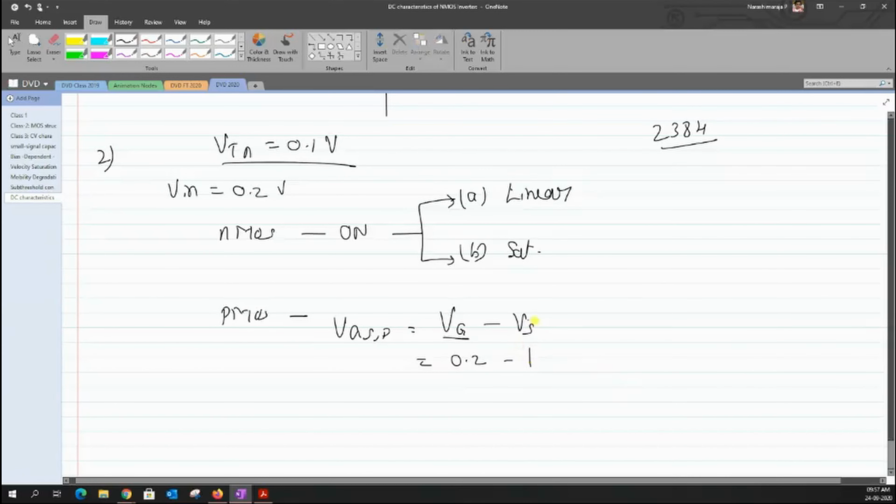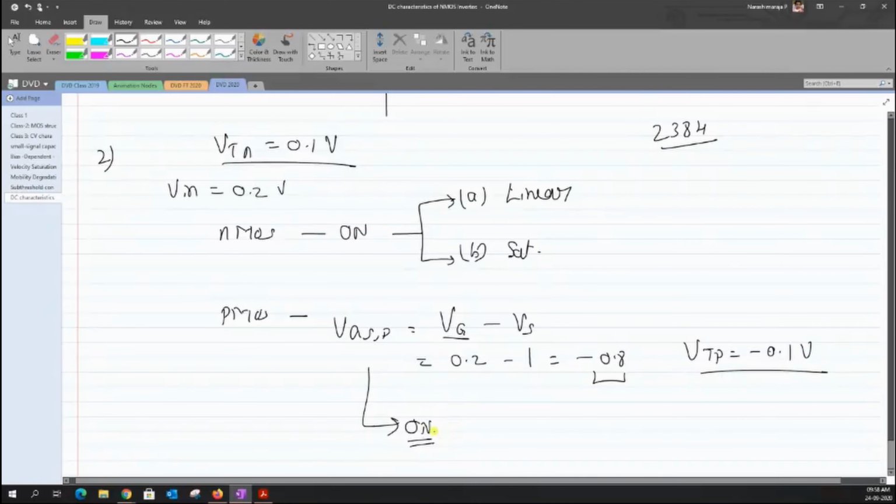Let us assume VDD is equal to 1 volt, and I have 0.2 volt at the gate. So we end up having something more negative than the threshold voltage of the PMOS device. I'm going to assume that the PMOS has a threshold voltage of minus 0.1 volt. I'm more negative than this, which means that I'm on. So this device is on, but what is the region of operation? Again, I have to reset the poll, but let me just come to the conclusion here. The transistor is on.